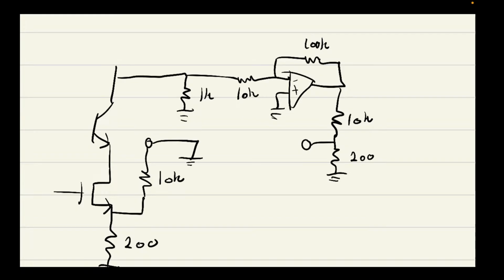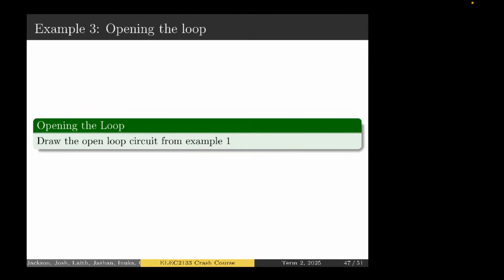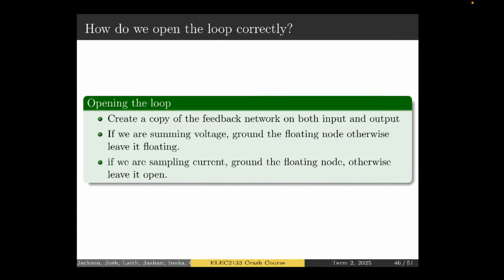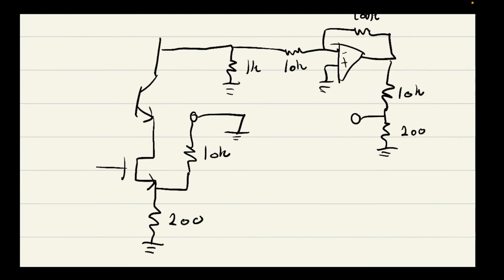Okay, and I did say I wanted there to be some intuition behind this. If we think about it, we're sampling a voltage, so we want our resistance to be high so we don't load the other circuit. So we'll leave this open. We want to sum a voltage over here, because the input voltage is right next to this, so we want to act like a voltage source.